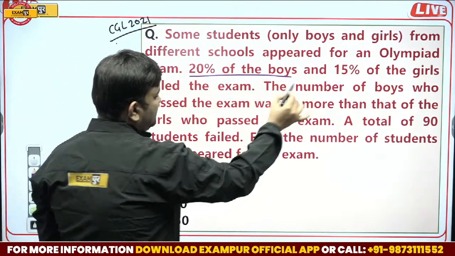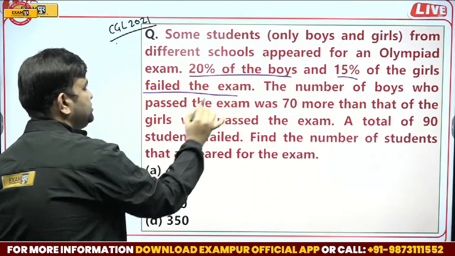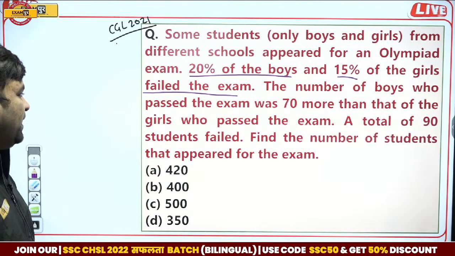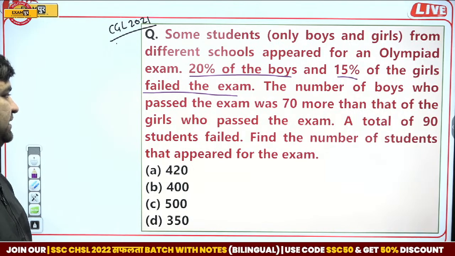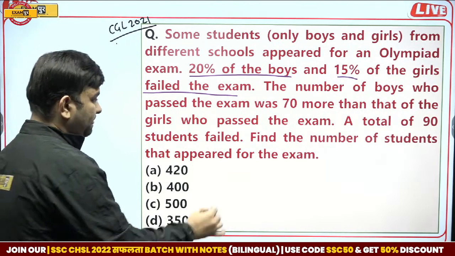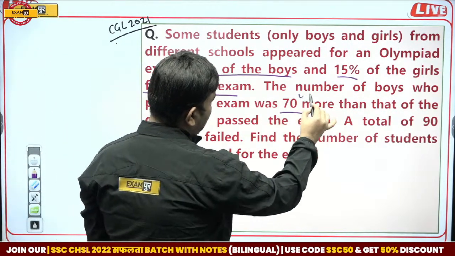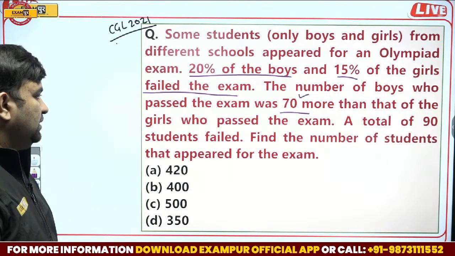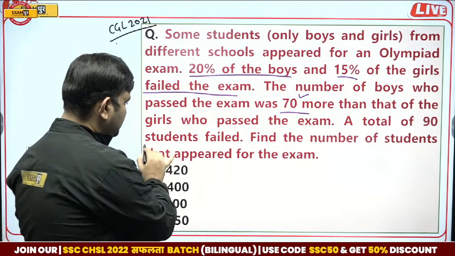20% of the boys and 15% of the girls failed the examination. The number of boys who passed the examination is 70 more than the number of girls who passed the examination. A total of 90 students failed.